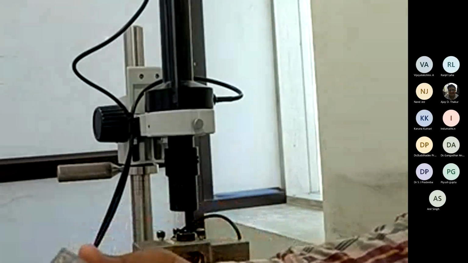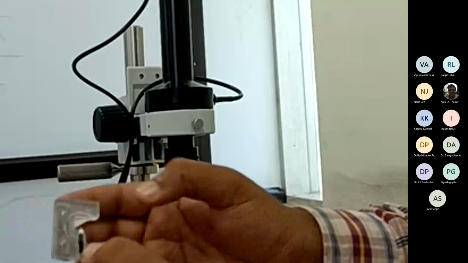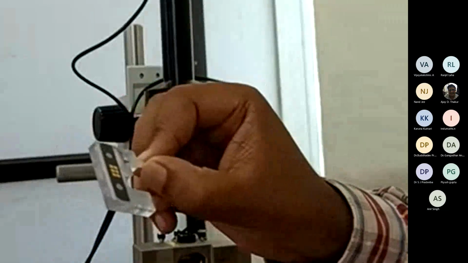So this is the probe holder. Here, this is the chip, and the cantilever is attached to it. Whenever we try to change the modes, we have to change this one.